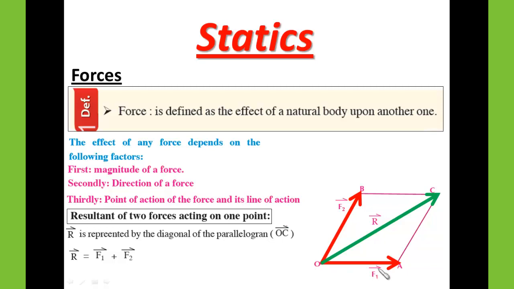But F1 as a force plus F2 as a force equals R as a force. The three forces are vectors, and this is the parallelogram rule to add two forces. F1 plus F2 equals R.